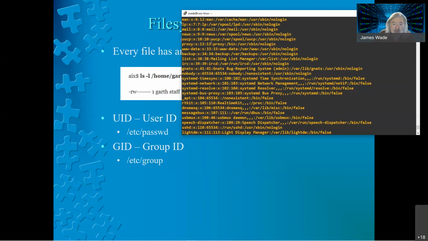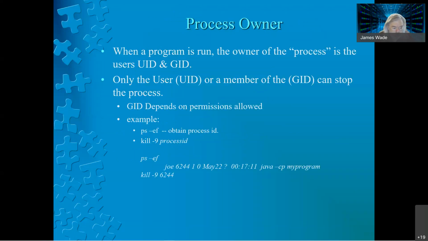But other people can't kill my process unless they're in the group and I give them group privs. So when a program is run, the owner of the process is the user's UID and group ID. So as an example, if I run some kind of program, it runs as my user ID.